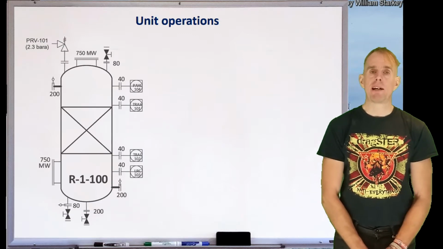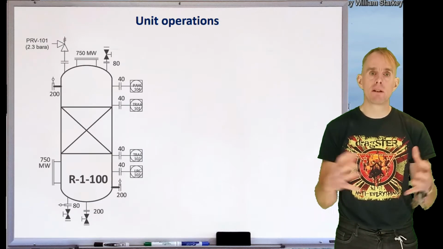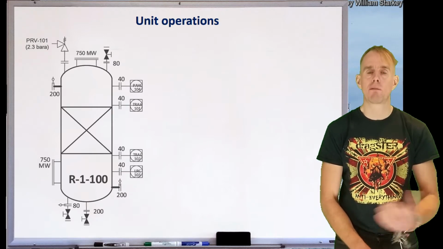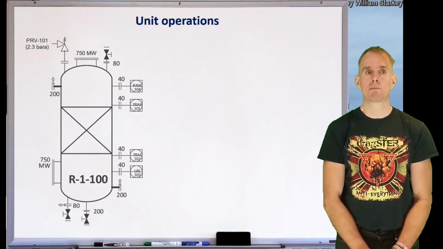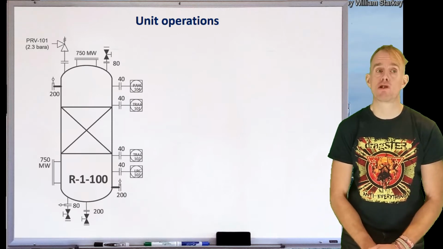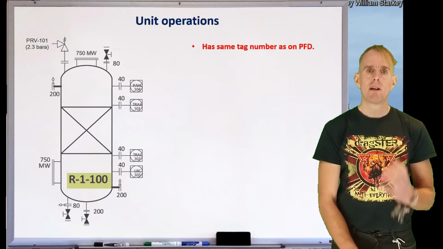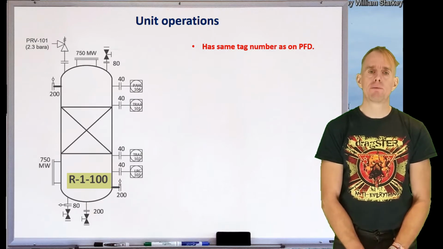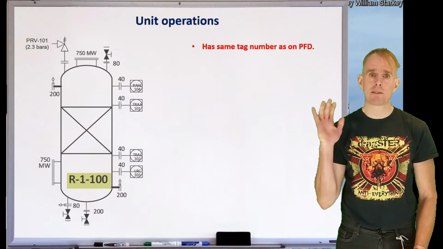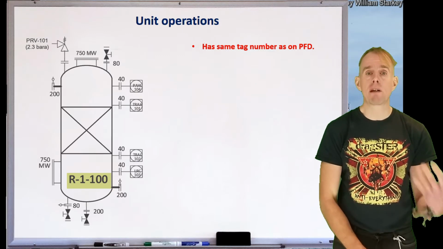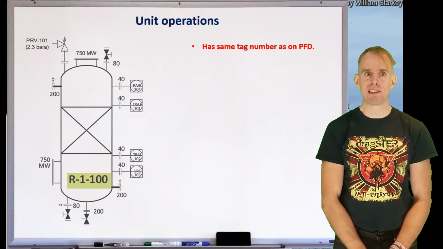Let's zoom in on that and see what information we've included now on this vessel. You'll note that it looks immediately more complicated than it does on the process flow diagram. There's a lot more information shown. So let's talk through these bits of information. The first thing that we have to ensure is that any unit operation shown on a P&ID is easily referenceable back to the PFD.